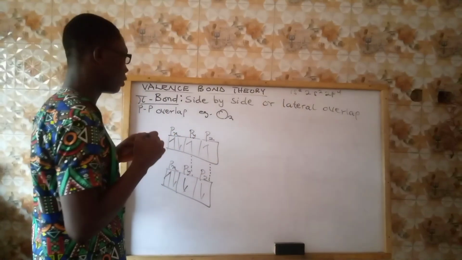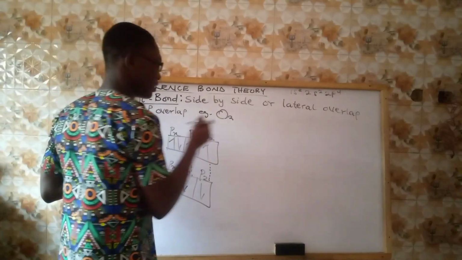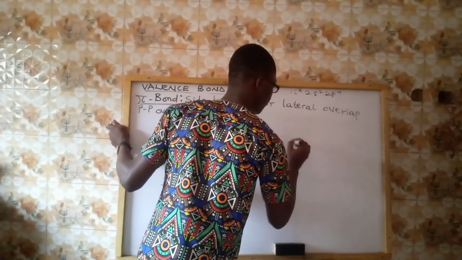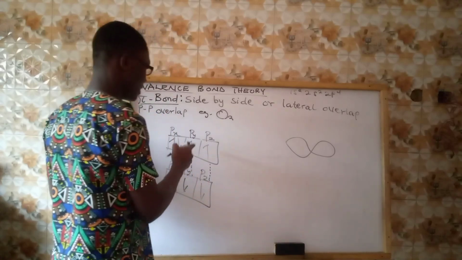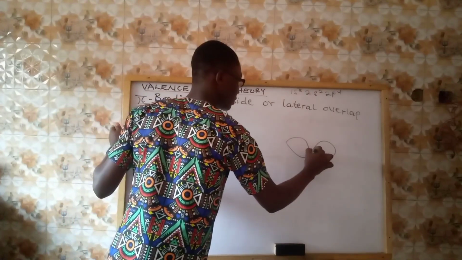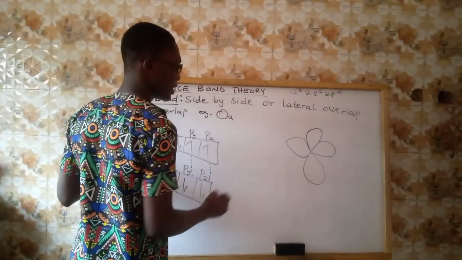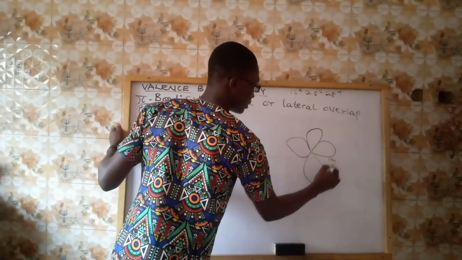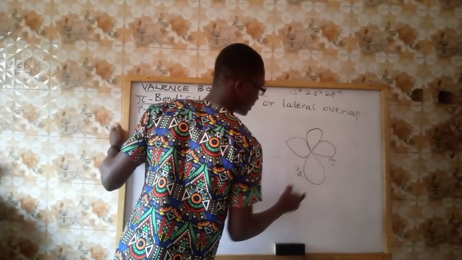For the 2p4 of the first atom, we have the py. Let's take this to be the py here, and we have pz. Let's take this to be the pz.